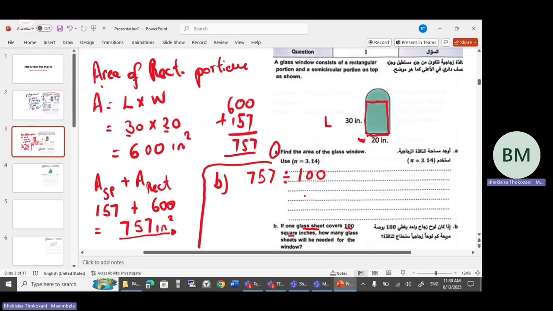Okay. So if you're dividing, remember now, guys, when we were multiplying by 100, we moved to the right. We moved the decimal point to the right. But now when we are dividing, we move the decimal point to the left. When we are dividing, we move it to the left.